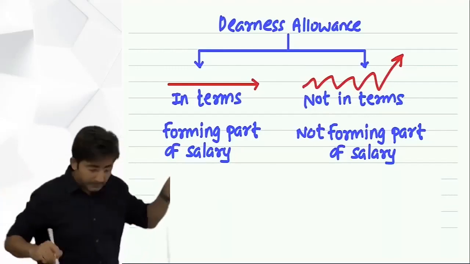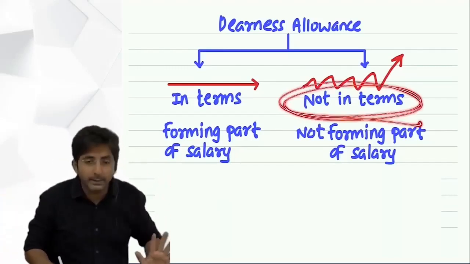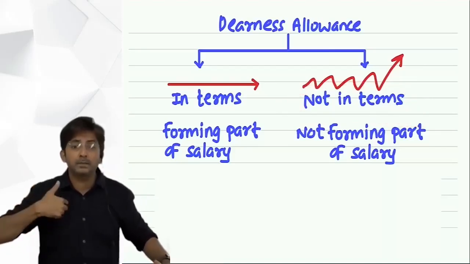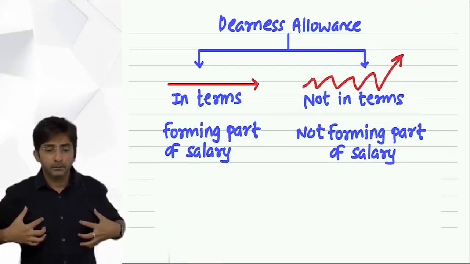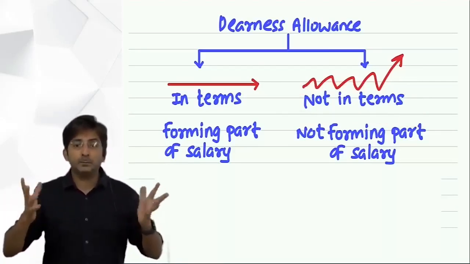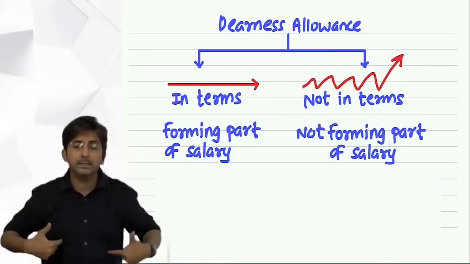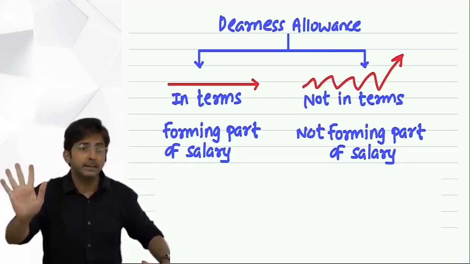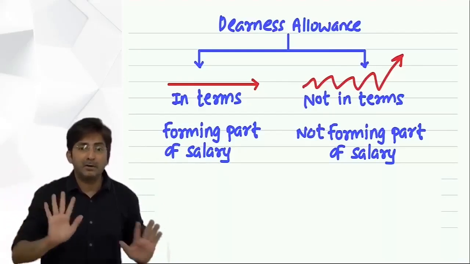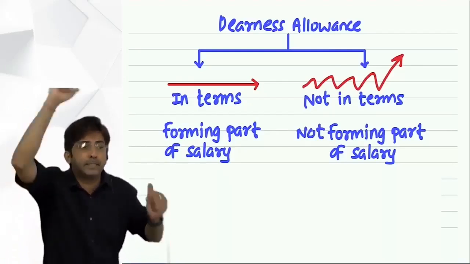Not in terms. See what I have written here? Not in terms means it will not go as per terms. See, terms means the rules of the boss. So if DA doesn't move as per the boss's terms and conditions, it moves according to the market, inflation, then it is called not in terms, it goes as per inflation.